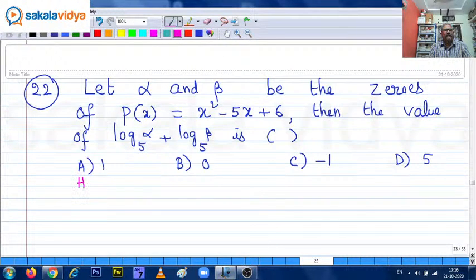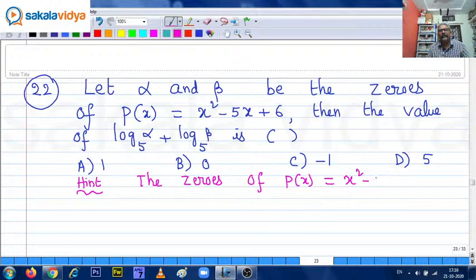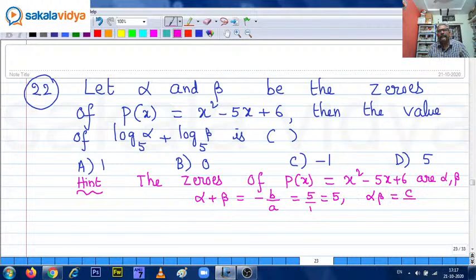See the hint. The zeros of P of x equal to x square minus 5x plus 6 are alpha and beta. Sum of the zeros we can find out. Alpha plus beta is minus b by a. Minus b means minus of minus 5, a is 1, here 5. Product of the zeros, alpha beta, is c by a, 6 upon 1, 6.